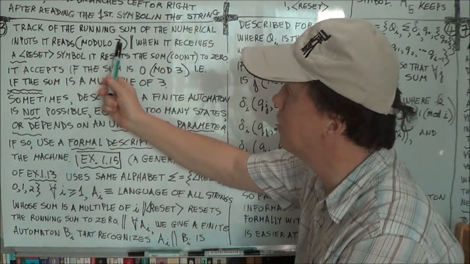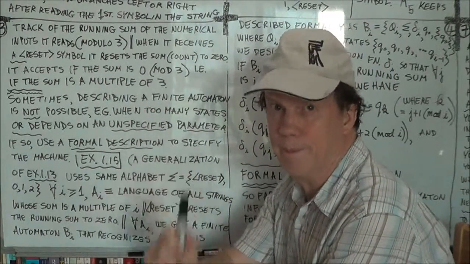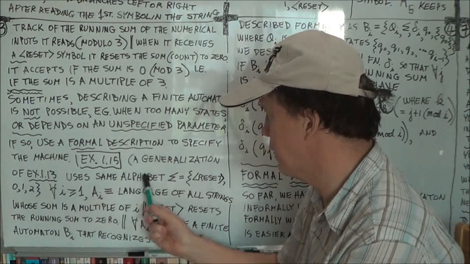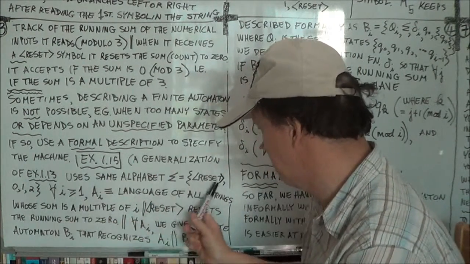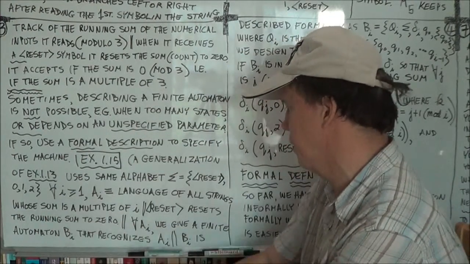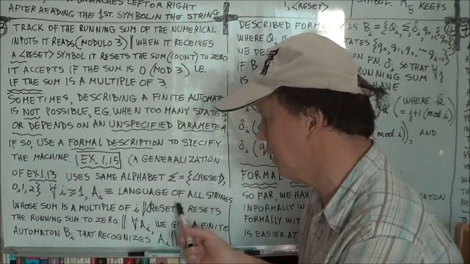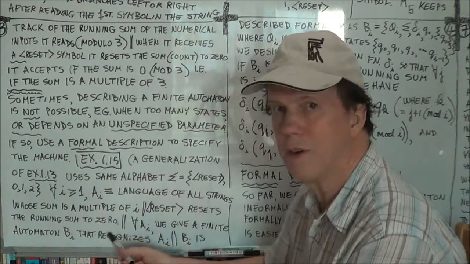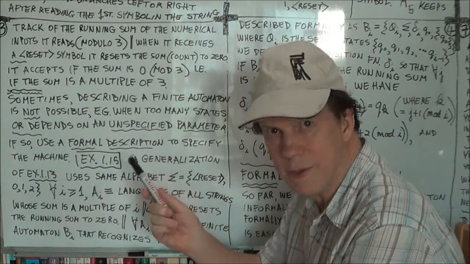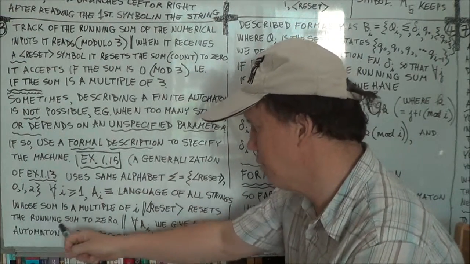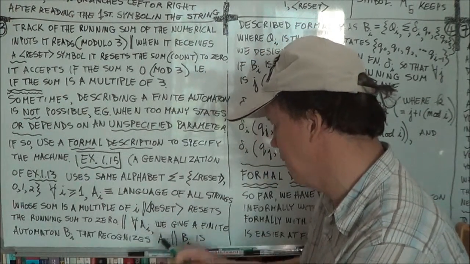So instead of having 3 here, we now have I. So with the same input alphabet, these 4 symbols, reset does the same thing. It just resets the running sum to 0 when it reads that symbol reset in the input stream.